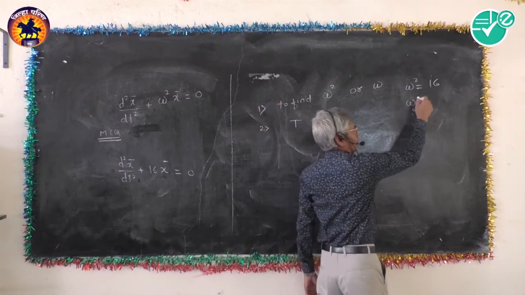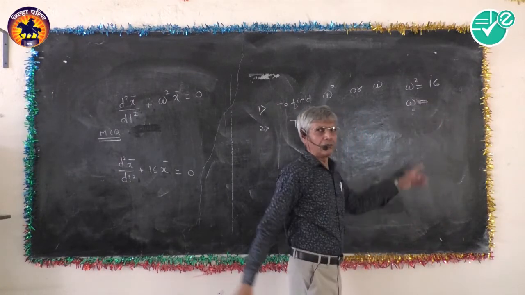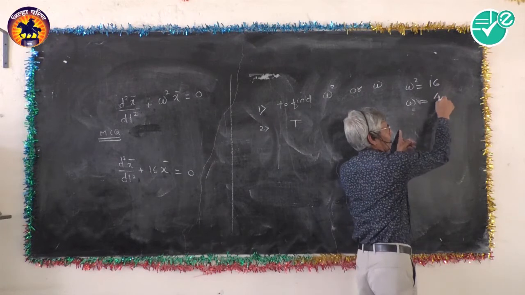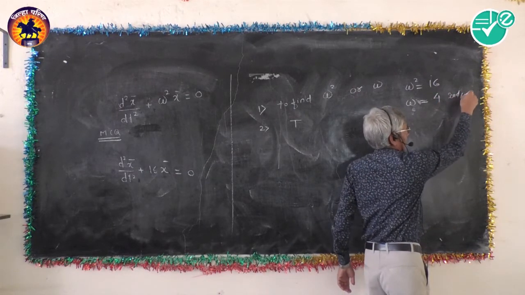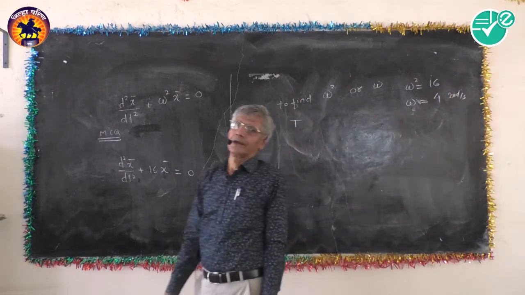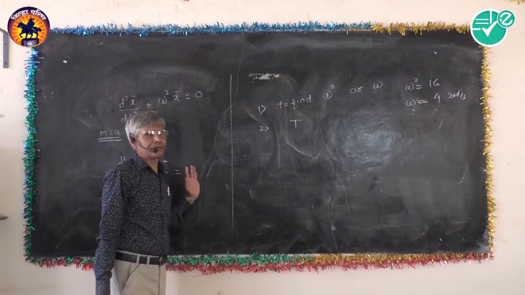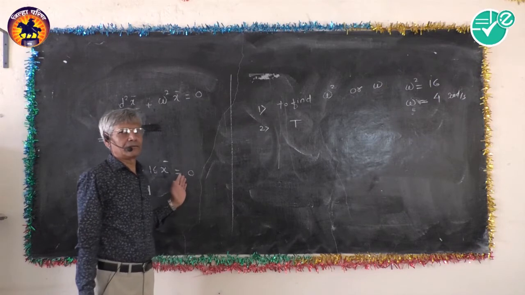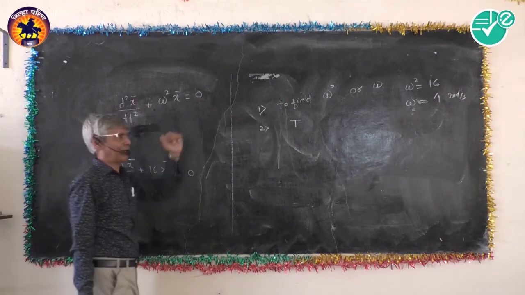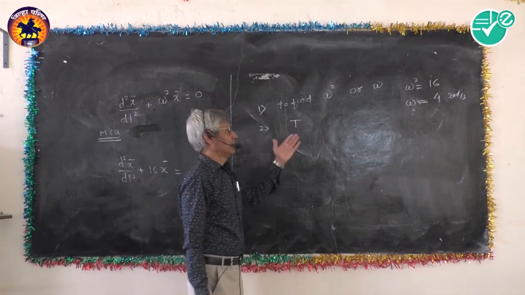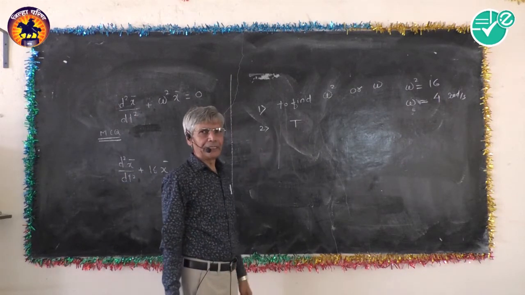So omega will be equal to 4 radian per second. So this is a simple answer, just by comparing the given equation with the standard differential equation. Another one is to find the period.